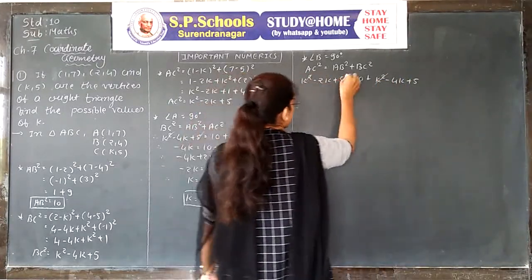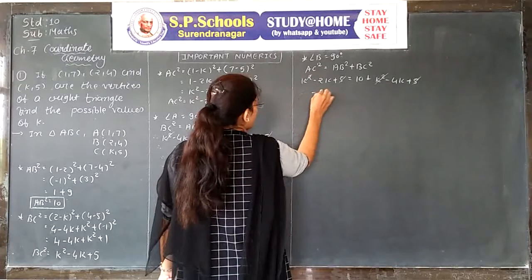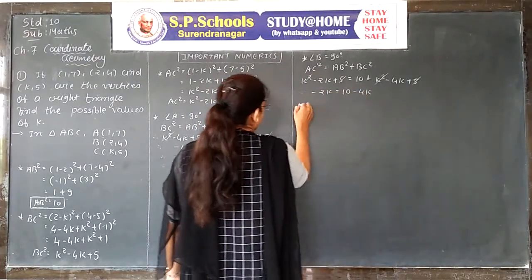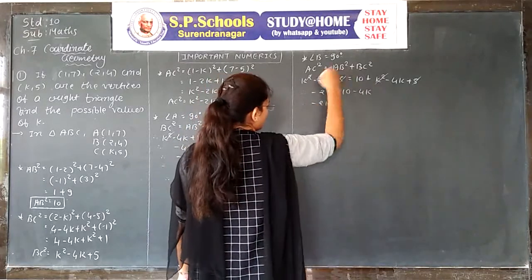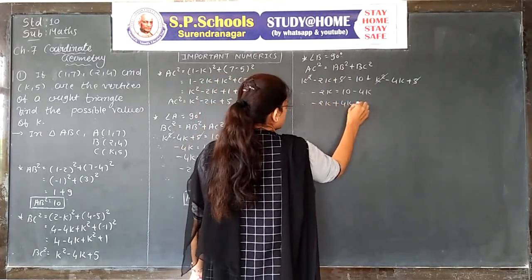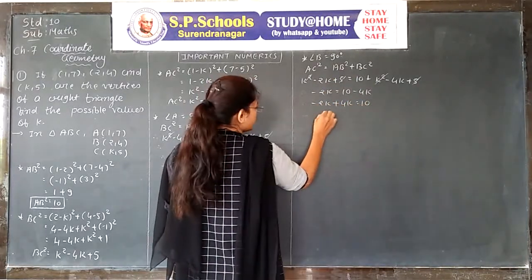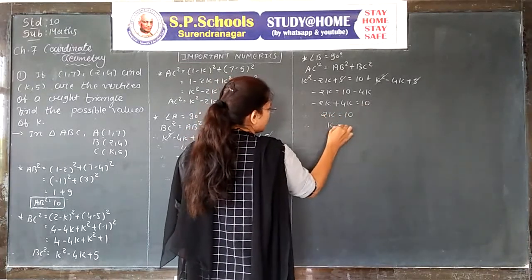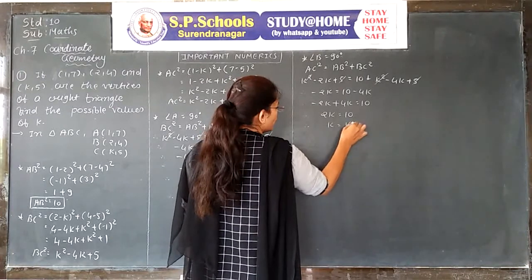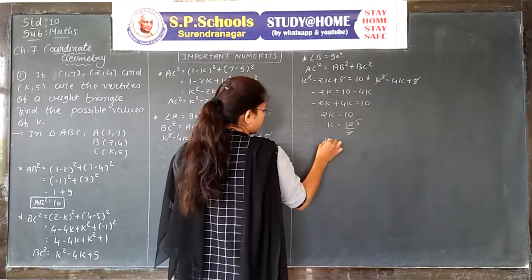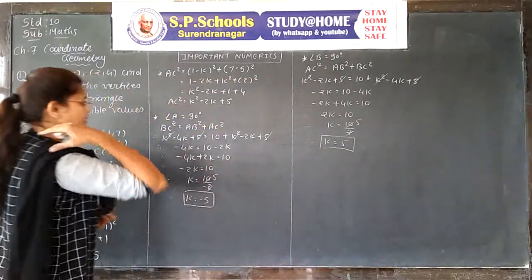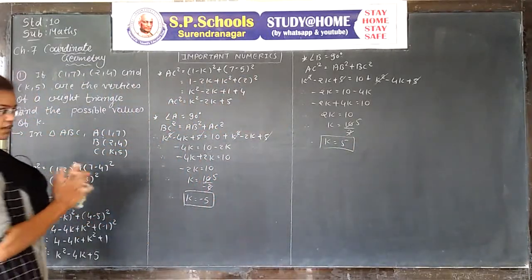K square cut, 5 cut, minus 2K is equal to 10 minus 4K. Minus 2K plus 4K is equal to 10, so 2K is equal to 10. That's why K is equal to 10 upon 2, which is K equal to 5. If angle B is 90 degrees, then the value of K is equal to 5.